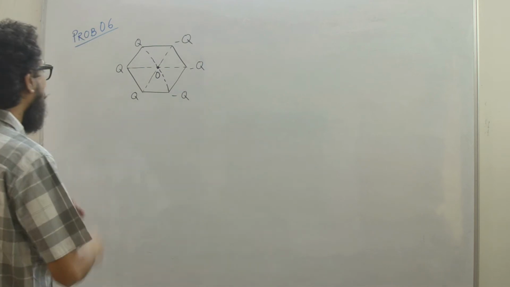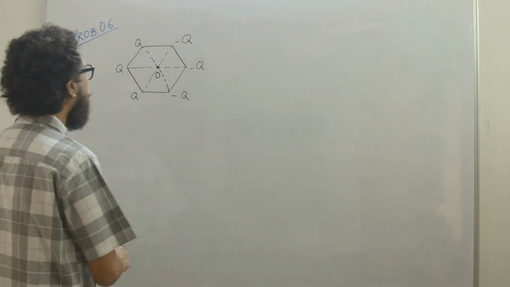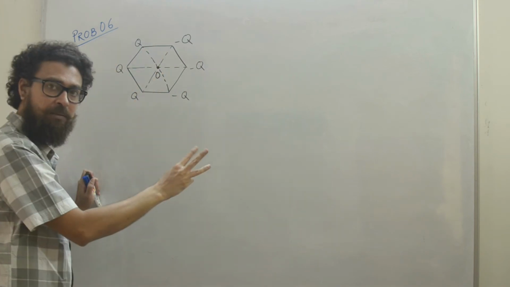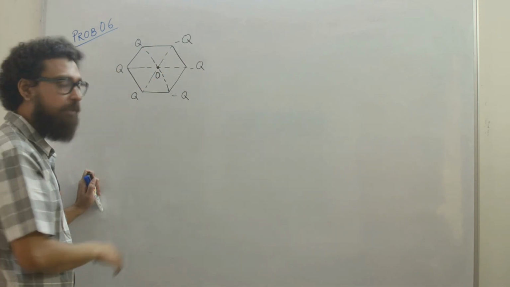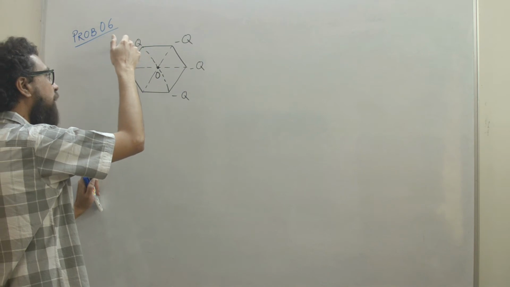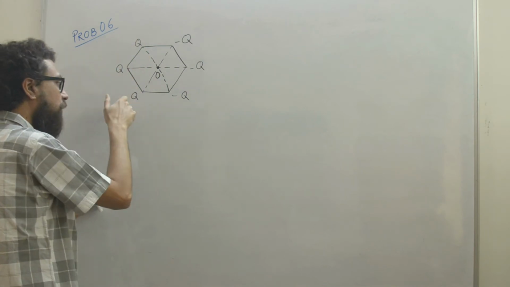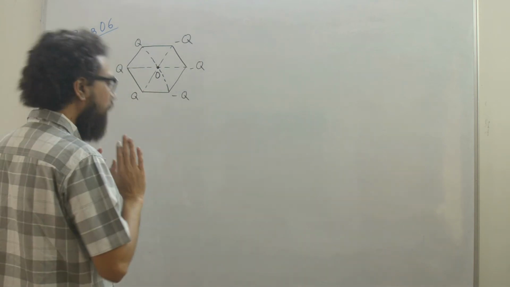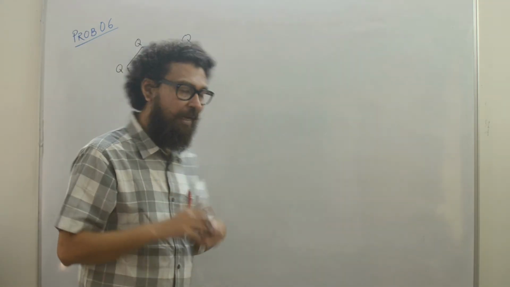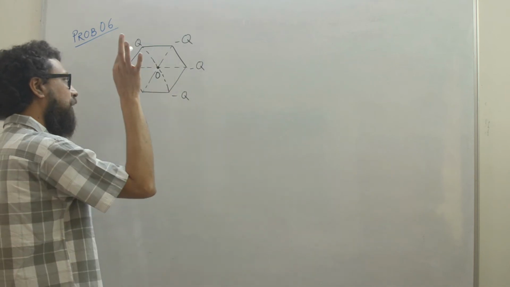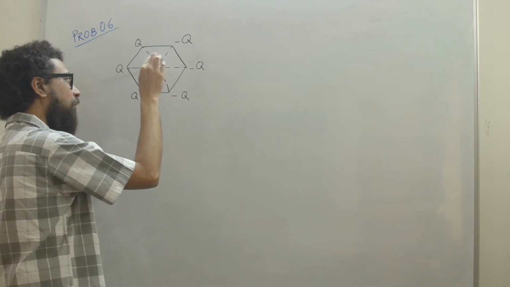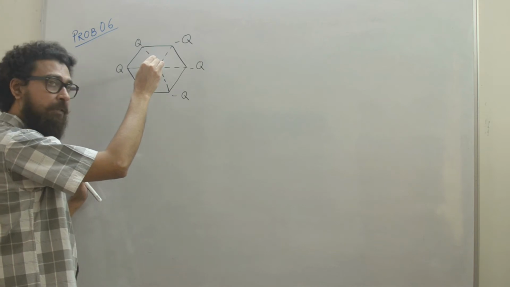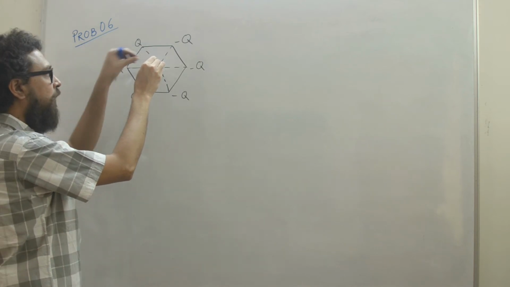Okay, so we have another problem, problem 6. They have given a regular hexagon, and they have placed 6 charges, one on each of the vertices. So what are the charges? Q, Q, Q, then minus Q, minus Q, minus Q. Now we want to know the total electric field at a point on the perpendicular axis of this hexagon, at a point x.